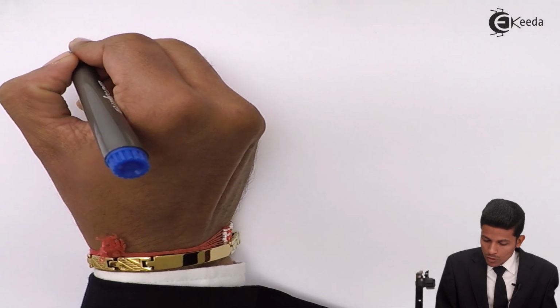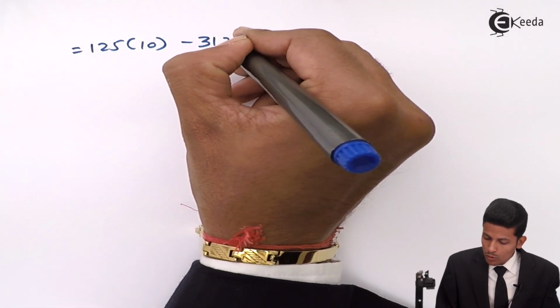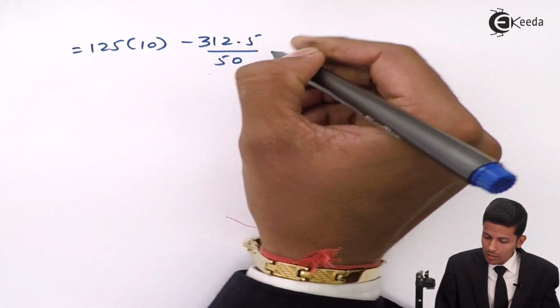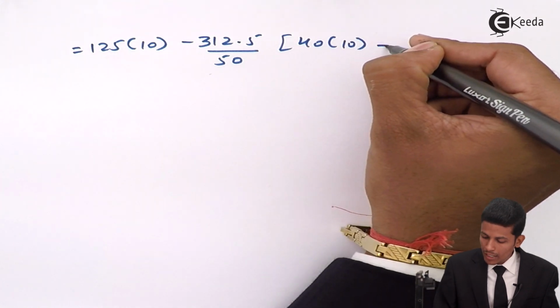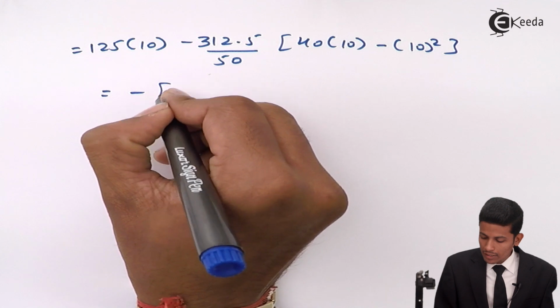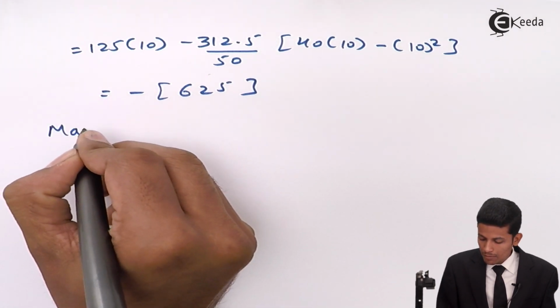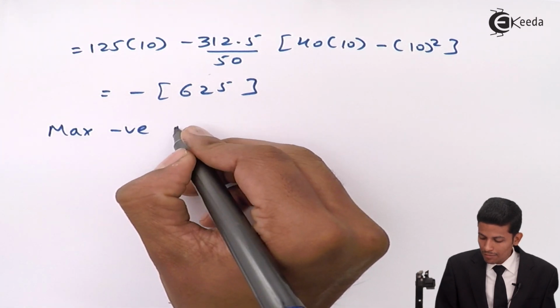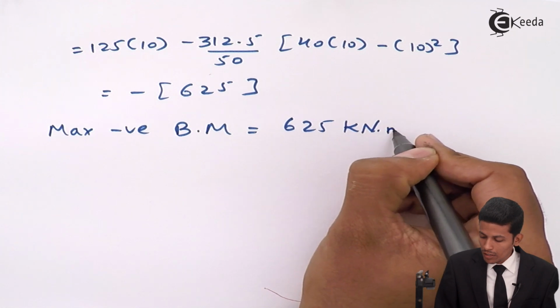So 125 into 10 minus 312.5 upon 50, 40 into 10 minus 10 square. You will get minus 625. So the maximum negative bending moment will be 625 kilonewton meter.